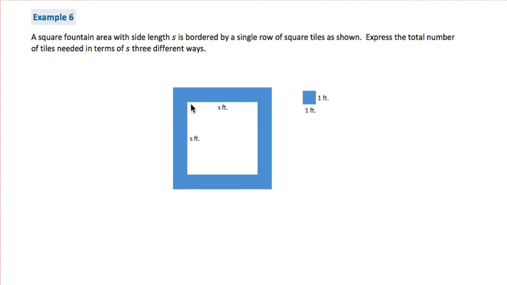Now the first thing I want us to notice is that this s feet, this square area, is the interior of the tiled space. So if we simply take 4 times s, that is only going to account, and let's draw some lines to show that, that's only going to account for this space.